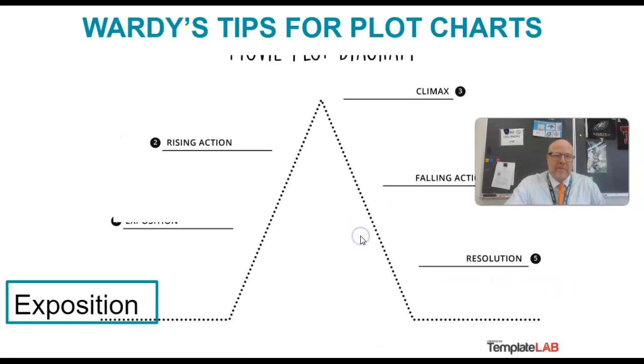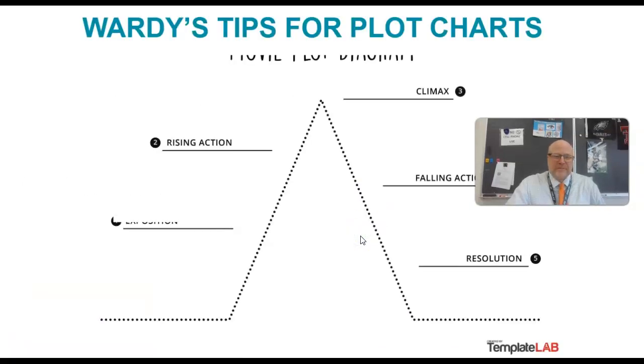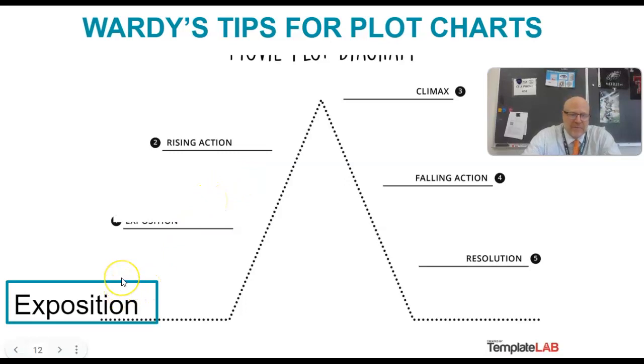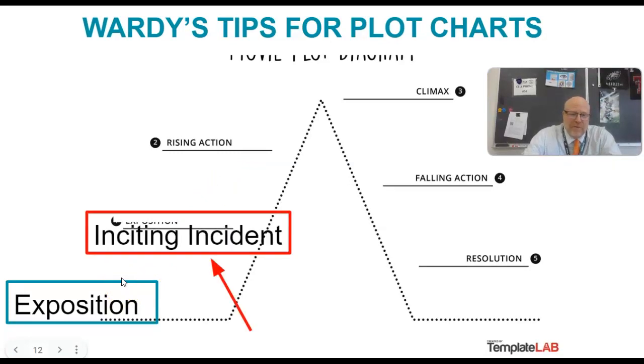Now, when we fill in the plot chart, you could go in order, but I have some tips, and you're going to see these on the bottom of your guided notes. Nothing really to fill in on your notes, but let me explain the thought process. I always want to start with my exposition. Who are my characters? Then I'm going to do that inciting incident. What's the first sign of conflict? Now, instead of doing the rising and falling action, because sometimes people start filling in the rising action and wonder, where does it end?